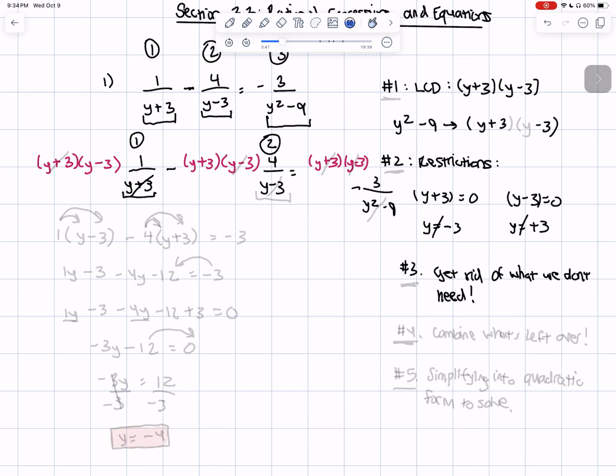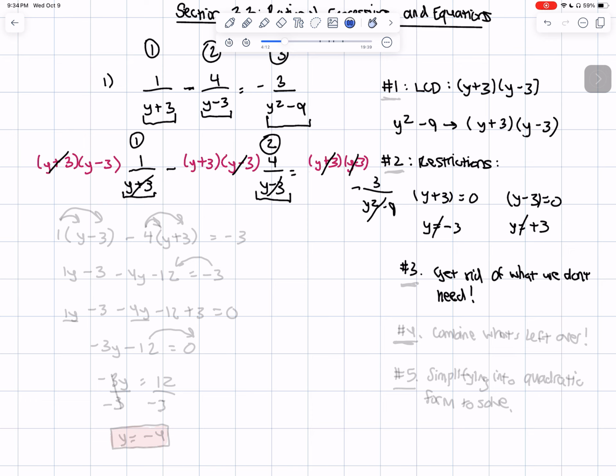So I want to cross that out in my LCD, so that goes away. For this one, I have y minus 3, so that will go away this time. But y squared minus 9 is the same as our LCD, so both of them go away here. So we're left with minus 3.